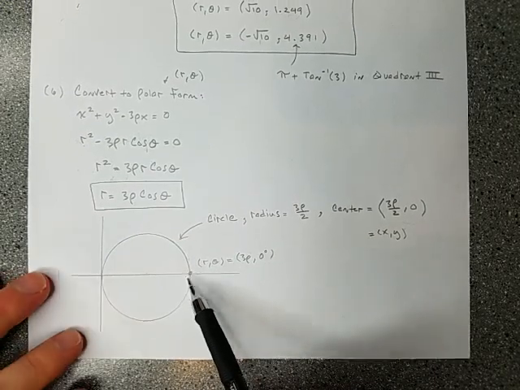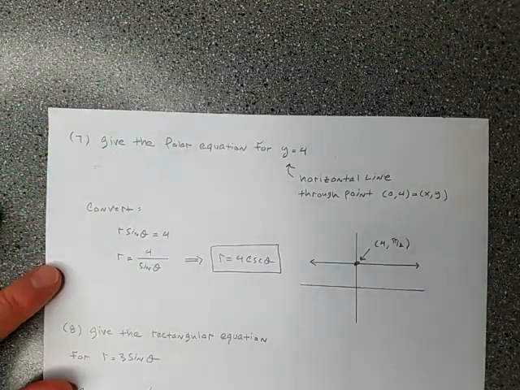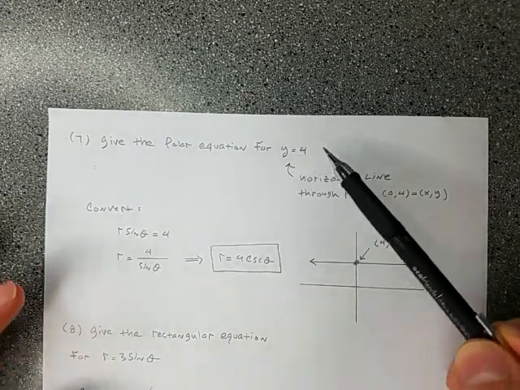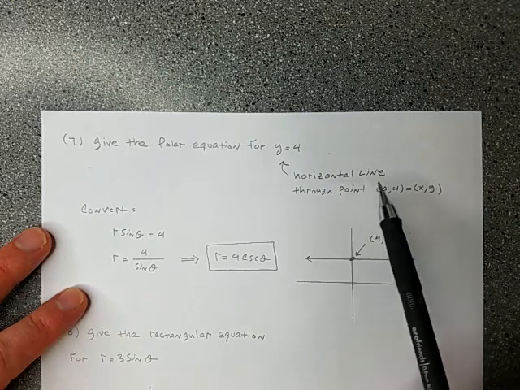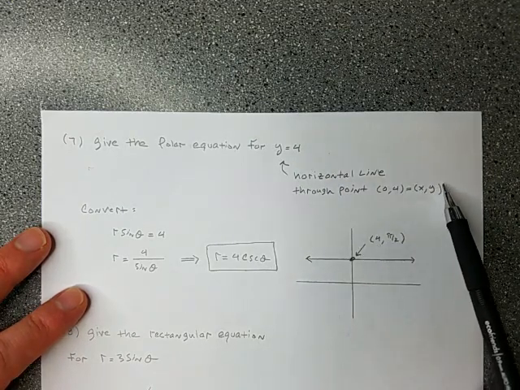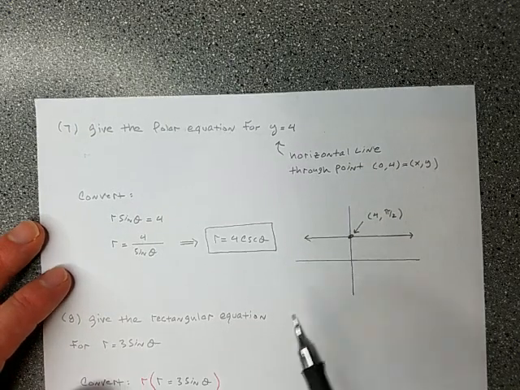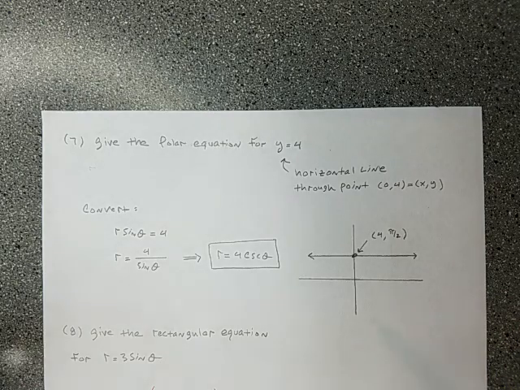All right? Okay. So let's look at 7. Give the polar equation for y is equal to 4. Okay, so polar equation, again, that would involve r and theta. Before I do that, I'll make note that this is a horizontal line that goes through the rectangular point 0 for x, 4 for y. Okay, how would we convert that? Well, there's one very direct conversion that we can use.